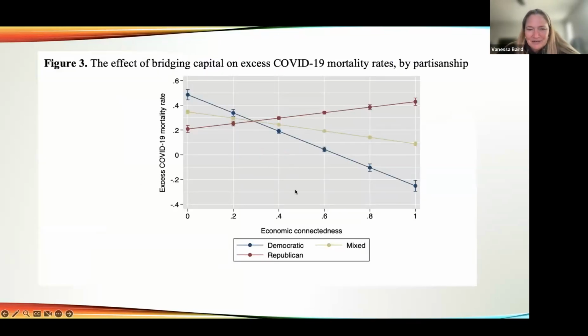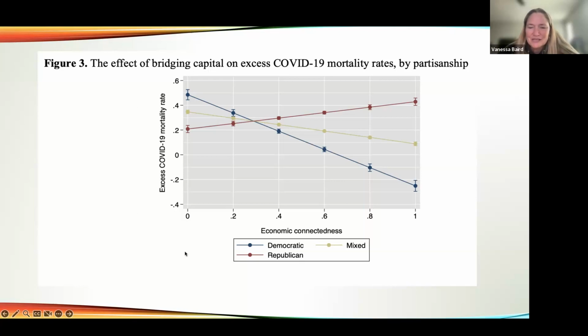So here she runs an interaction and finds that bridging capital increases the likelihood of Republican deaths, but not by much. But bridging social capital really brings it down, to below zero, in Democratic counties. And that's something, but always be thinking, okay, this is at the county level.